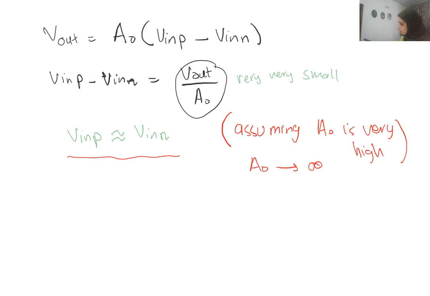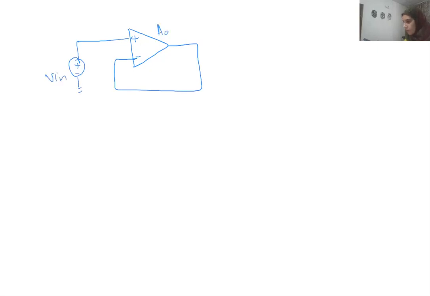Let's take a simple example. If I have this circuit, and the V input is applied here, and it has an open loop gain of A0, and this is the V output.